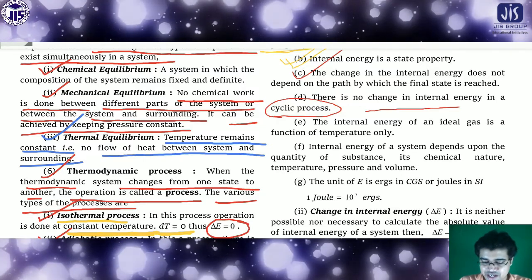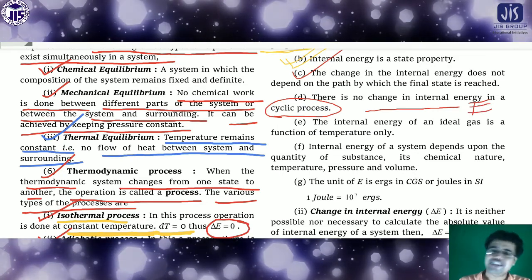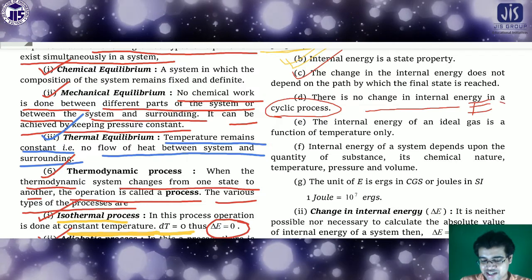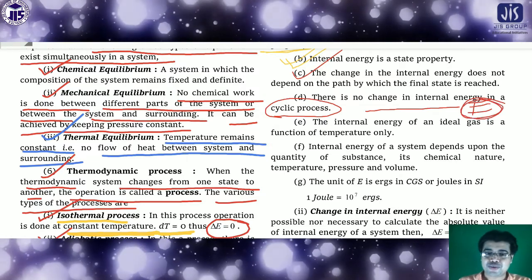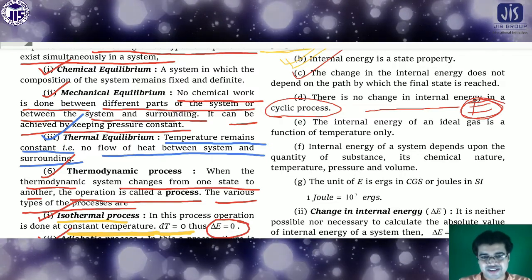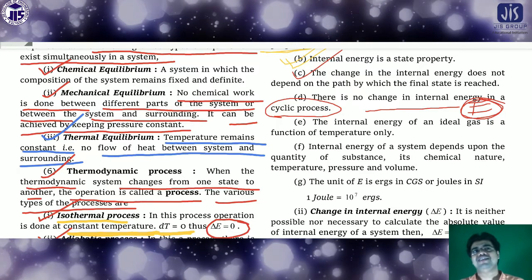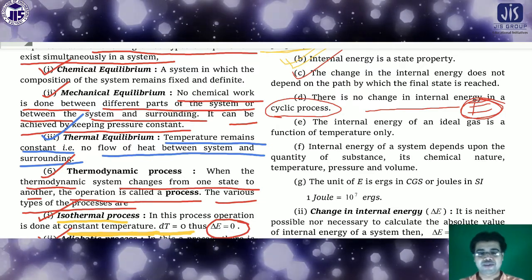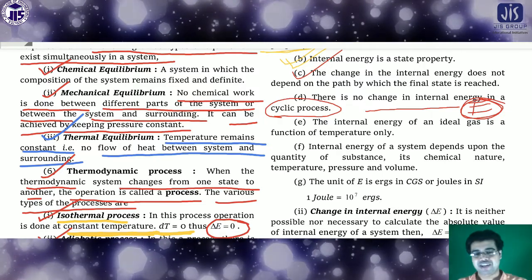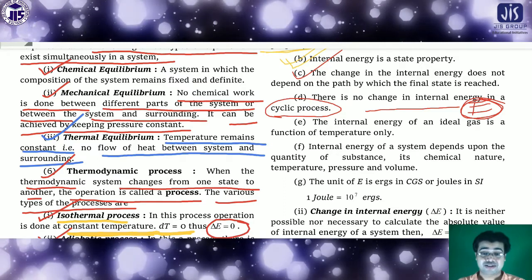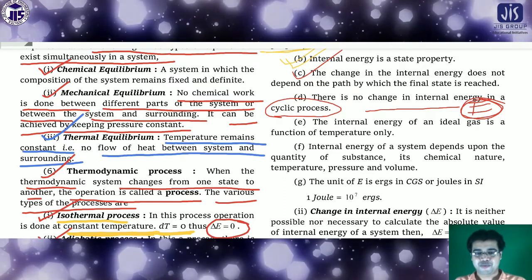If the energy of the initial state is E, then after lots of changes it finally reaches the same energy, E. So whatever increase or decrease of internal energy occurs, in a cyclic way it again comes to its initial state. Obviously, in a cyclic process the change of internal energy will be zero.